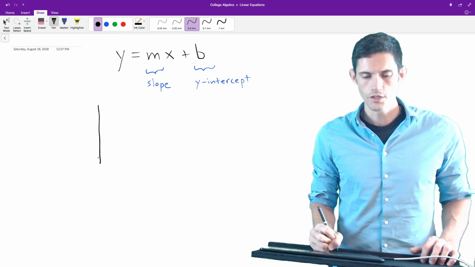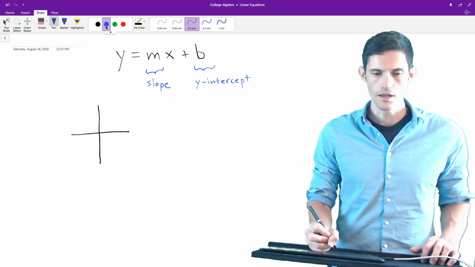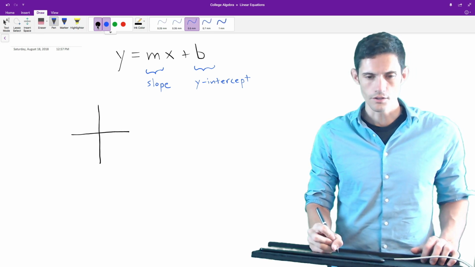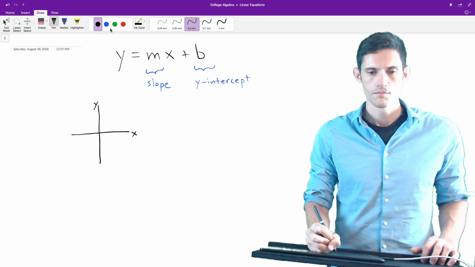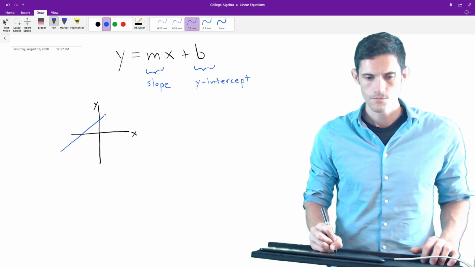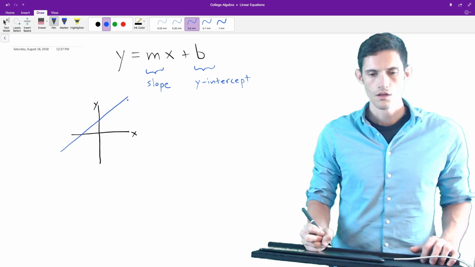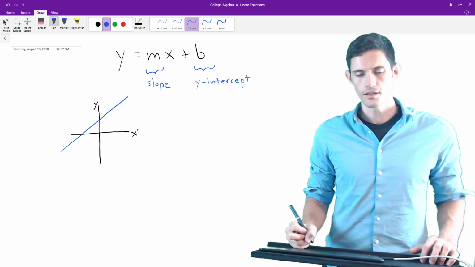A linear equation describes the graph of a line. A line on the xy axis might look something like this. The slope is the measure of how steep that line is.